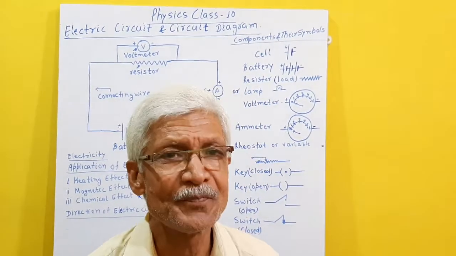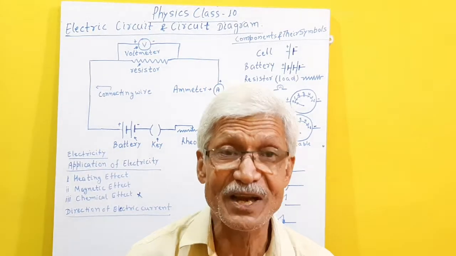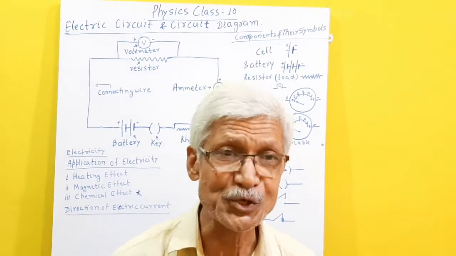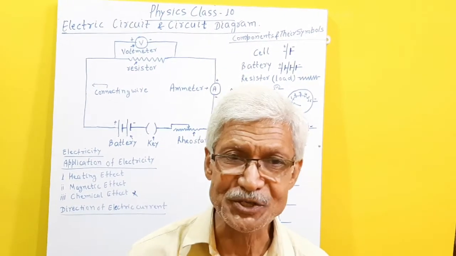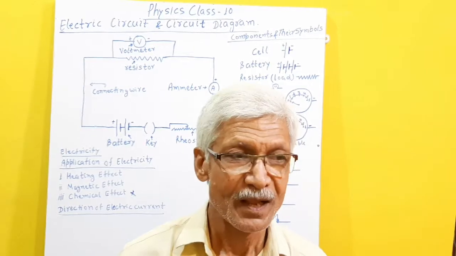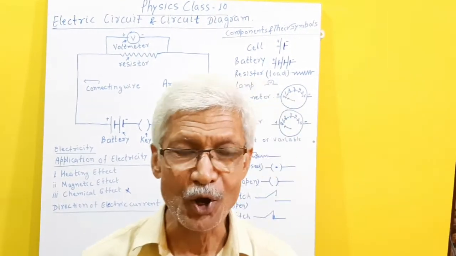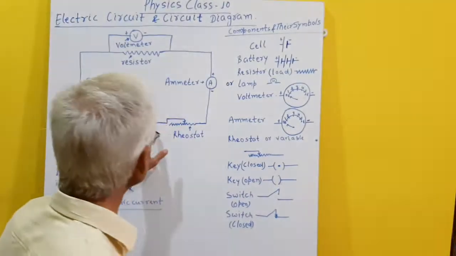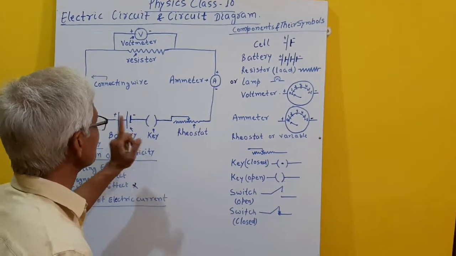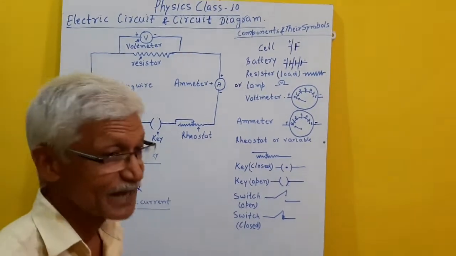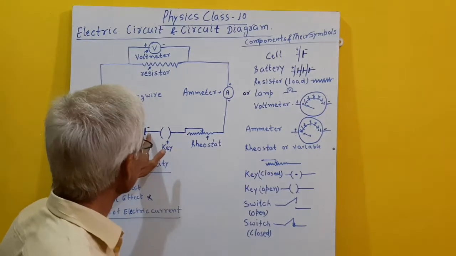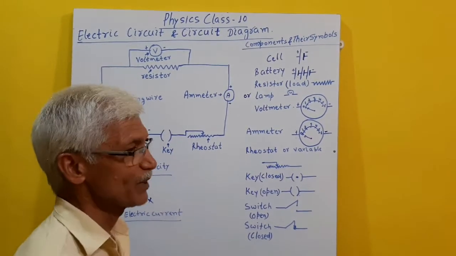But later on, it was discovered that actually the flow of electrons constitutes the electric current. Since the electron has negative charge, it always tends to move from the negative terminal to the positive terminal. Means the actual direction of electric current is from negative terminal to positive terminal.